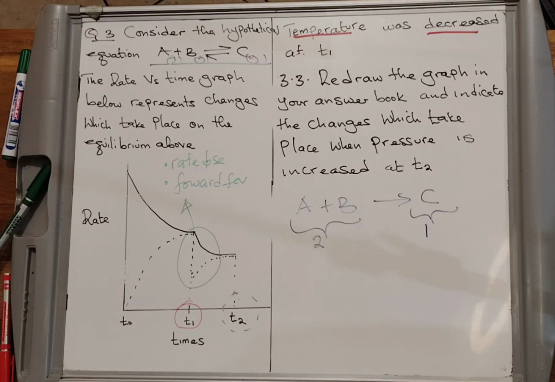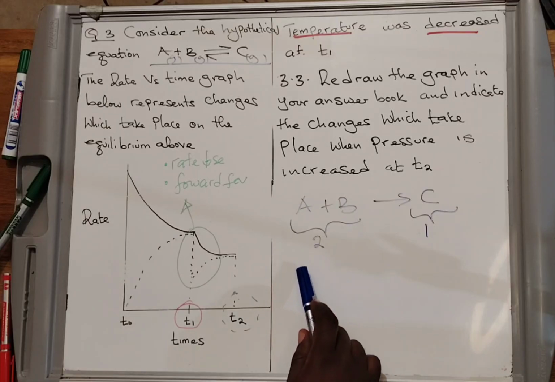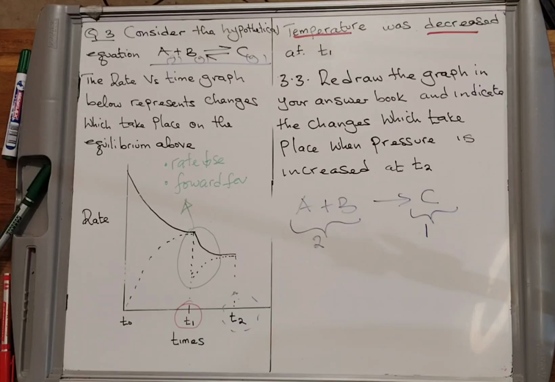Now, next part, we are going to predict which direction is favored. Is it forward or reverse? So there you have to visit the theory. The theory says, according to Le Chatelier, that increase in pressure favors the change from high number of moles to lower number of moles, and decrease in pressure favors the change from lower number of moles to high number of moles.